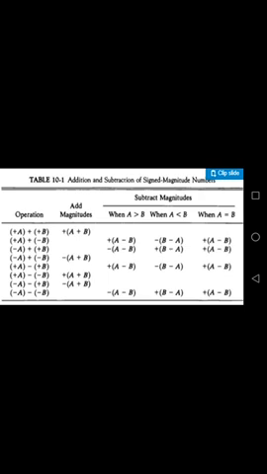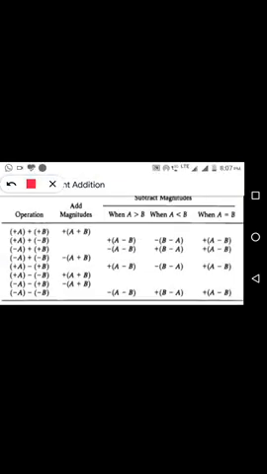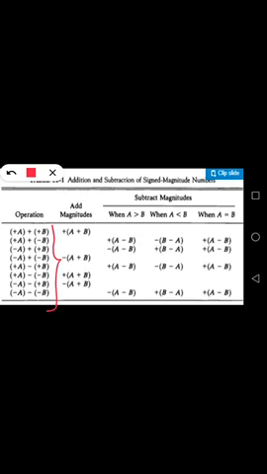And here we see the table of addition and subtraction of signed magnitude numbers. The first one, as we discussed, has 8 conditions. The first one refers to addition, the next one refers to subtraction.